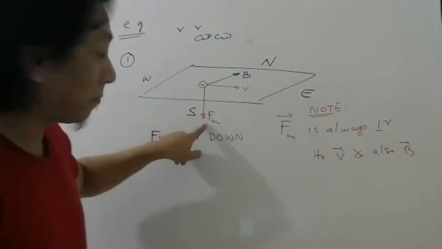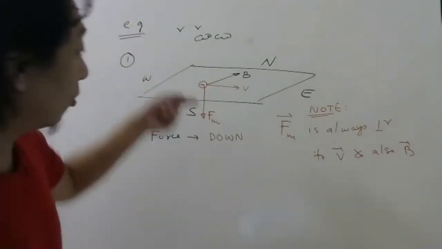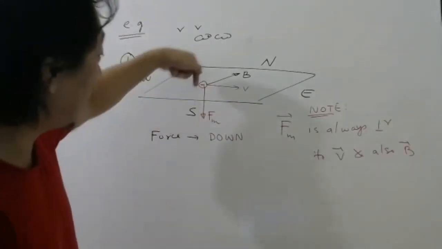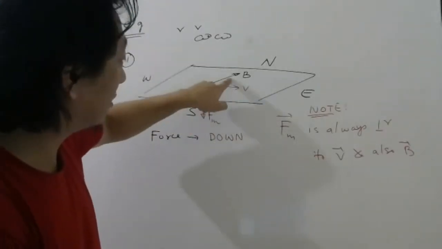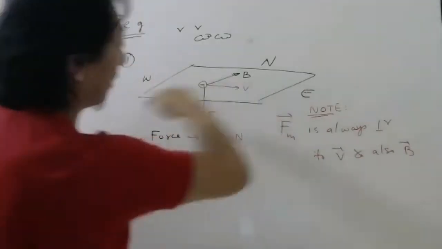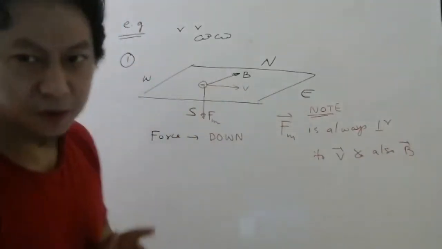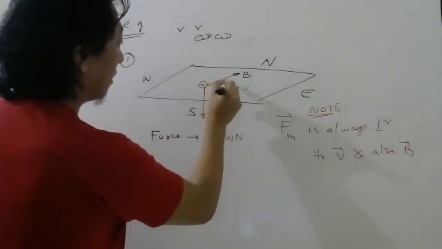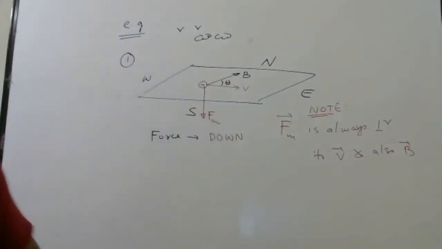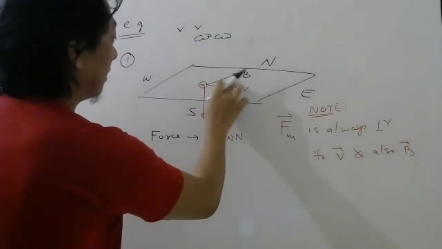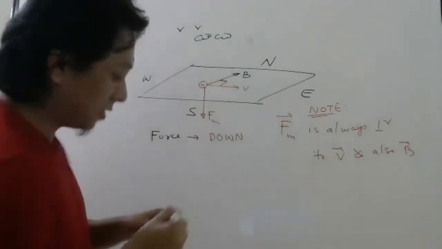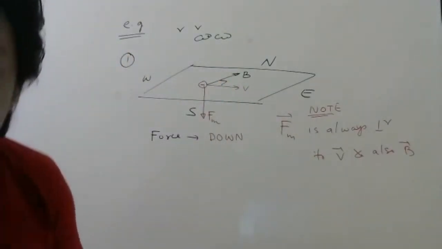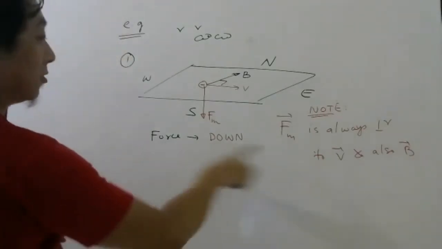So the force due to magnetic field on a moving charge will always be perpendicular to this and this because it is perpendicular to this plane. These two may not be perpendicular, may not be. This angle can be anything. But right now this angle is 90. But this angle can be anything. It can be 0 also in some cases. So this is very important.